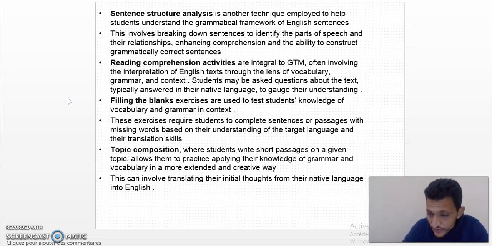There is no real use of speaking and listening. The use of the target language is very limited in this approach. But what is maximized, what is used a lot, is the native language, the mother tongue.